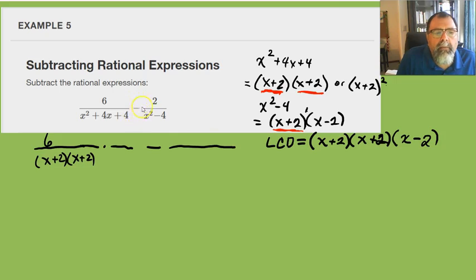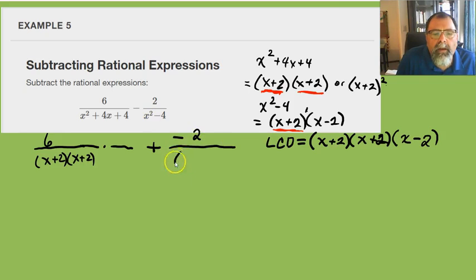I don't like to think of minus. I like to think of it as add the opposite. So I'm going to take this minus and move it up. If this was like x plus 3, I would put parentheses around x plus 3 and distribute the minus sign. So I'm going to change this minus to plus and move the minus up to the top, and that way I don't mess up the sign.